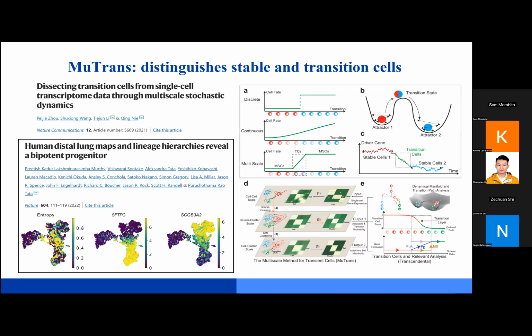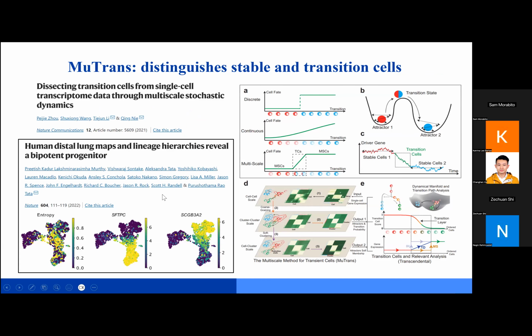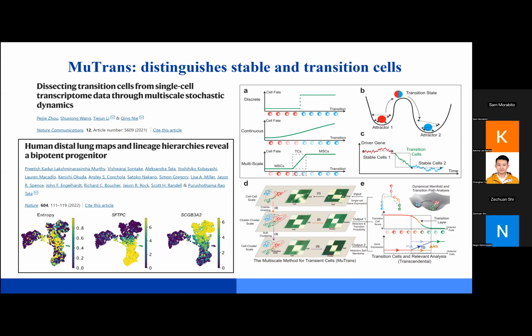The name of this package is MuTrans. MuTrans can distinguish stable and transition cells. This method has already been used in other experiments, with results published in Cell or Nature.